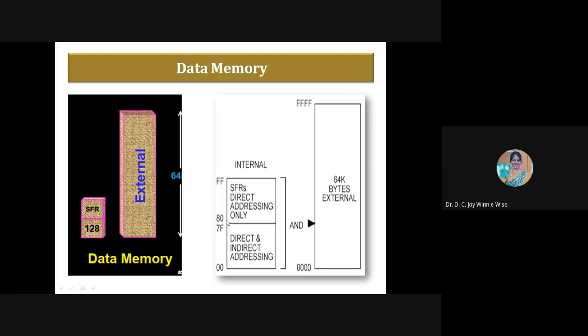The registers are referred to by an 8-bit memory address, and the external memory is referred to by a 16-bit address, 0000 to FFFF. In the internal memory, from 00 to 7F, we have direct and indirect addressing where data can be used, and from 80 to FF, it is used for special function registers. The question may be that data memory can be referred to by 8-bit and also 16-bit.